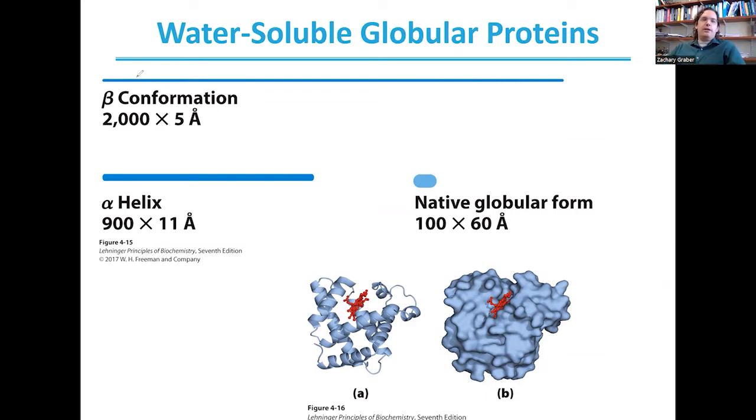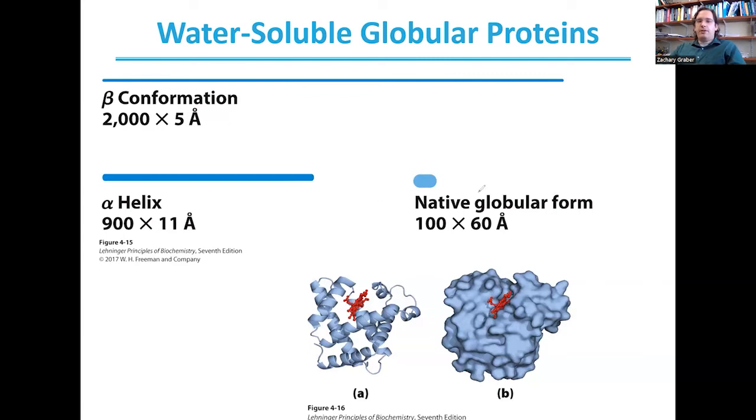And that's essentially what a silk fibroin might look like, right? Just one sheet of that silk fibroin. If we twist this into an alpha helix, it gets a bit shorter, right? So now it's 900 by 11 angstroms, because now it's coiling, so it's a little bit more compact, but still a very extended structure. That would be, again, something like alpha-keratin.